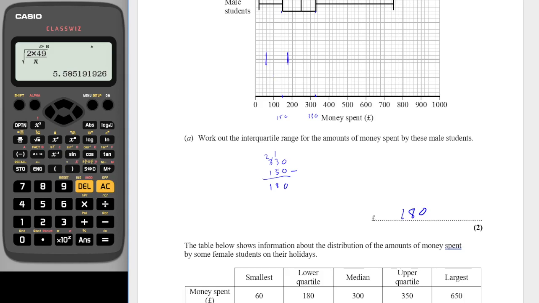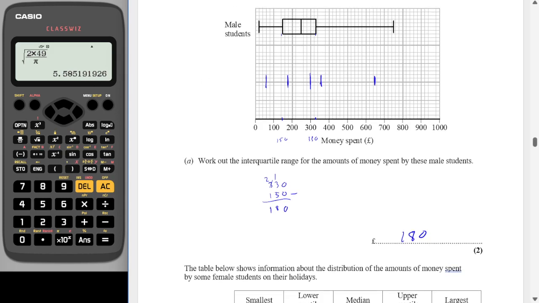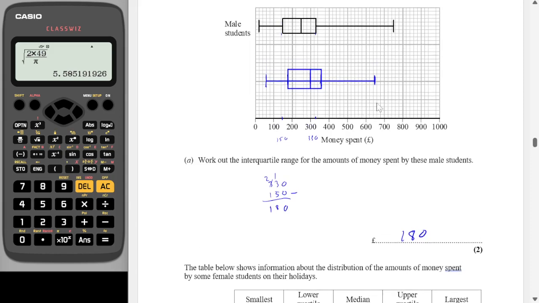The median would be 300. The upper quartile 350. And then the largest amount was 650. So I'm just going to make that into a similar box and whisker plot. Okay, so there's my completed box plot. I should label it that this is female students.